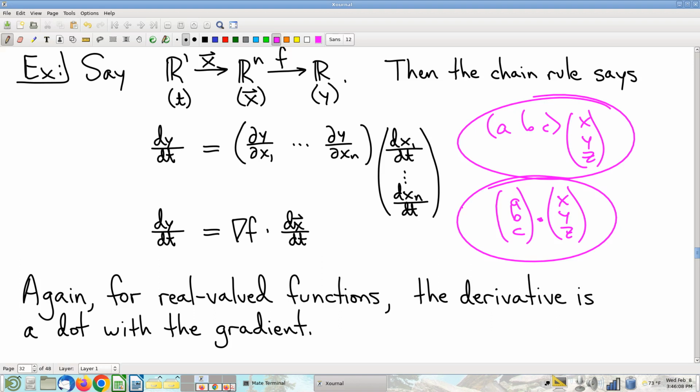The fact that we have a single output variable here, just Y, is why there's only one row in this matrix, which is what allows this to be on the table.